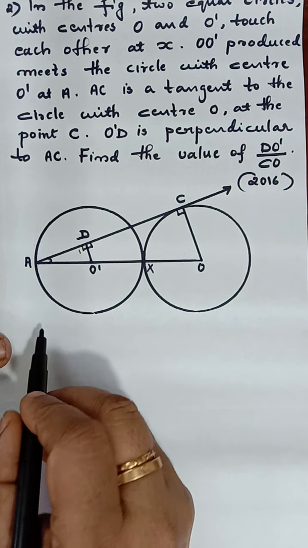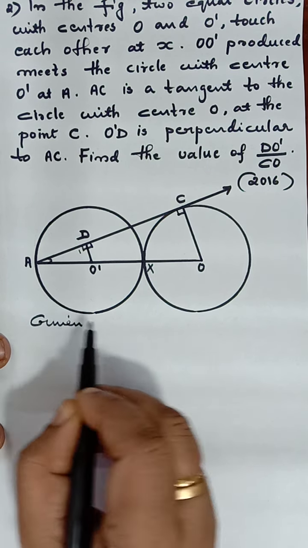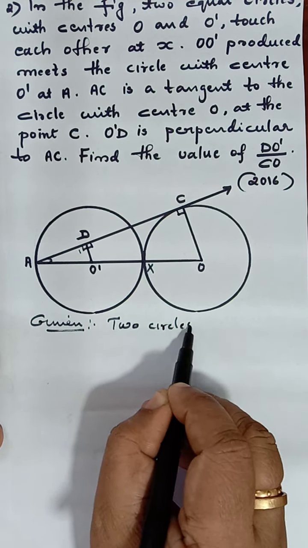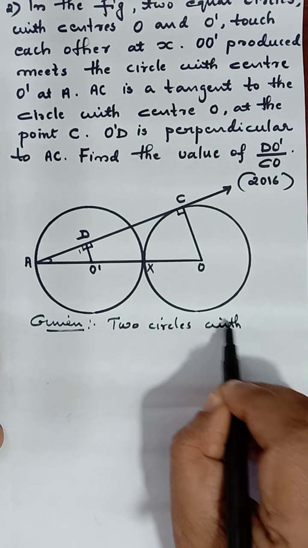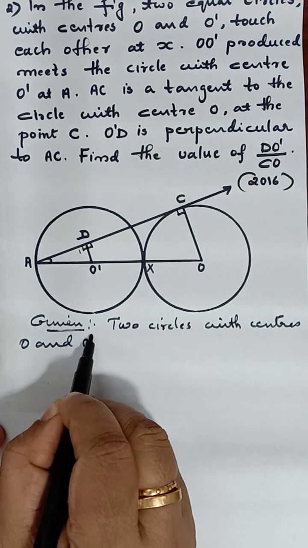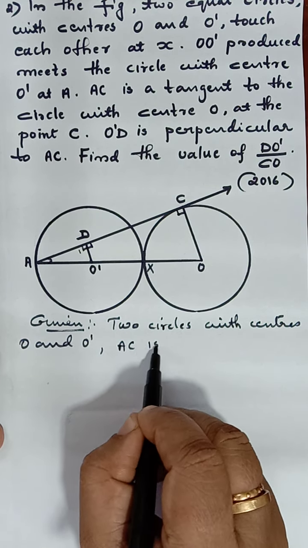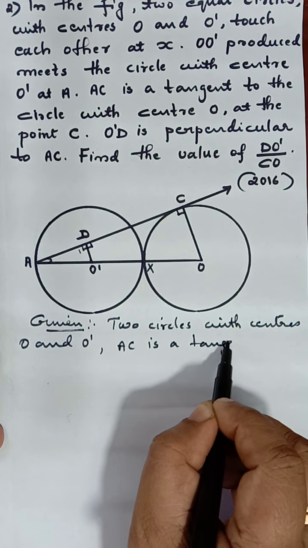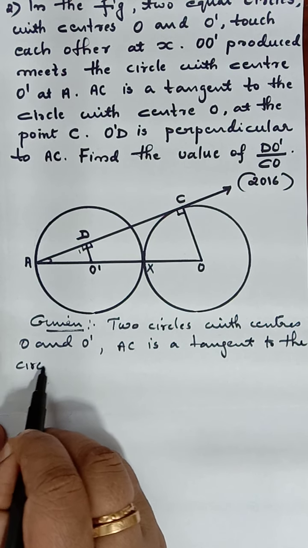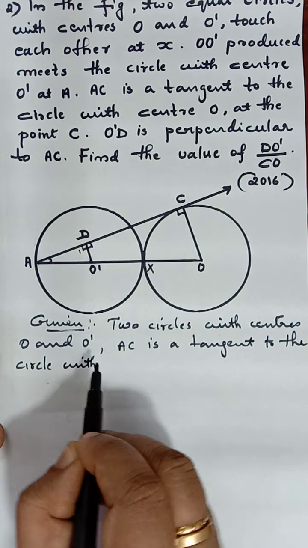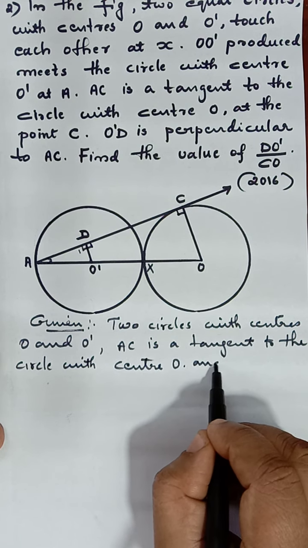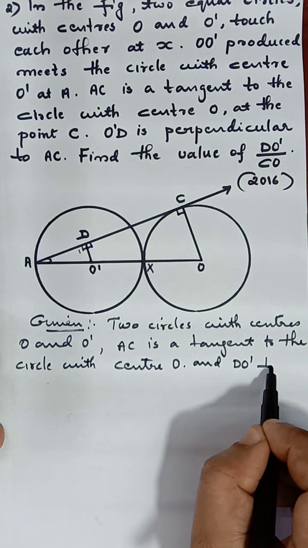So here you have to write given: 2 circles with centers O and O dash, AC is the tangent to the circle with center O, and DO dash perpendicular to AC.